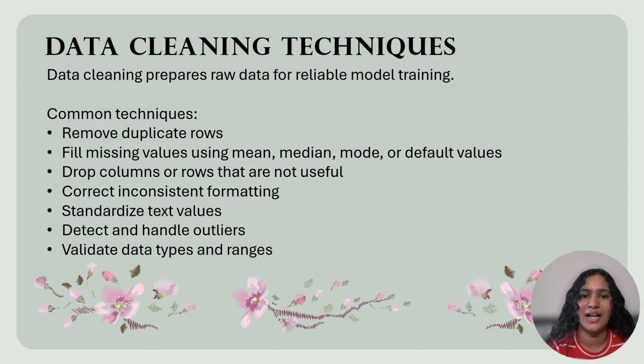Removing duplicates helps ensure the dataset accurately represents real-world data. Next is handling missing values. When data is incomplete, missing values can be filled using statistical methods such as the mean, median, or mode, and in some cases a default value may be used depending on the problem.